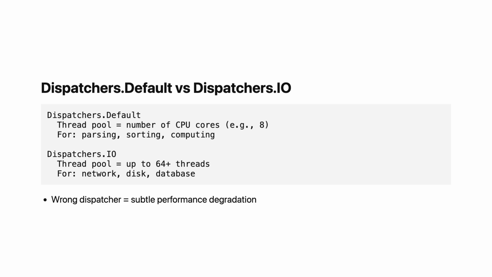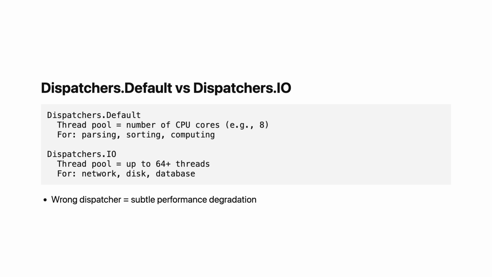If you use Dispatchers.Default for I/O work, you block one of your precious few CPU-bound threads with idle waiting. If you use Dispatchers.IO for CPU work, you create more threads than cores, wasting memory and adding context switching overhead. Using the wrong dispatcher does not crash your app, but it degrades performance in subtle ways.